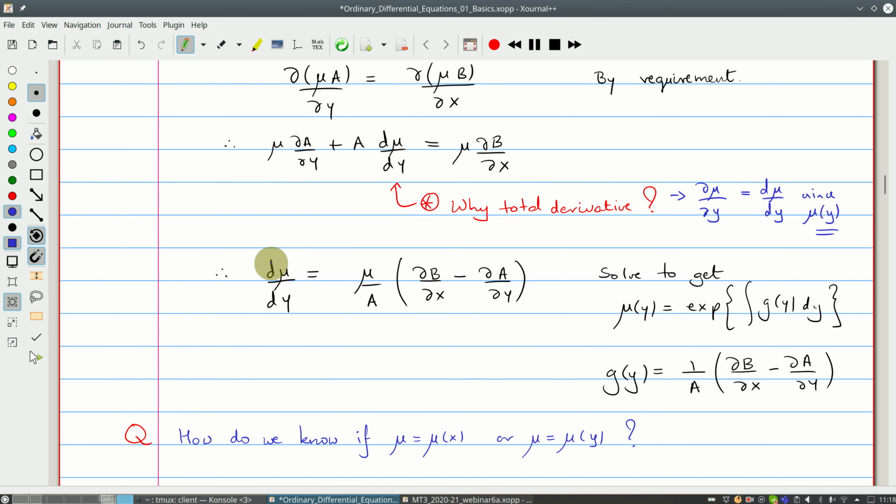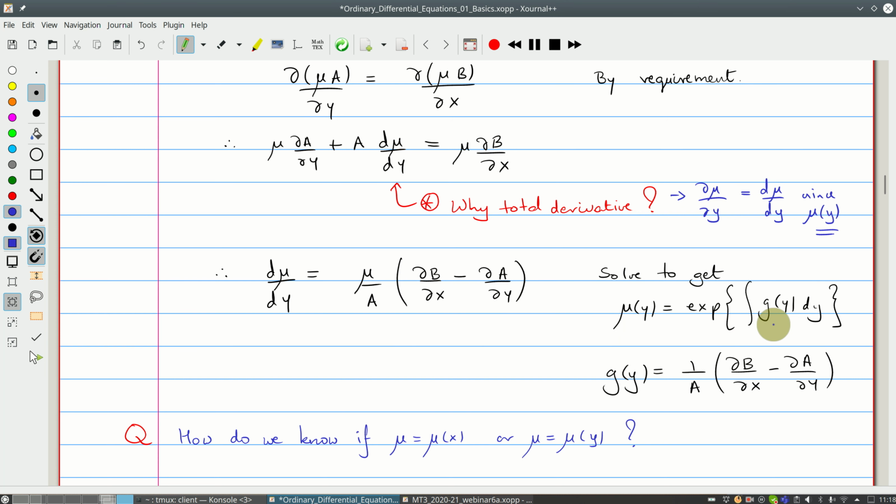All right. So now we have the total derivative of mu with respect to y. I've just rearranged these terms, and it is equal to mu over a times the partial of b with respect to x minus the partial of a with respect to y. Now this is the function.